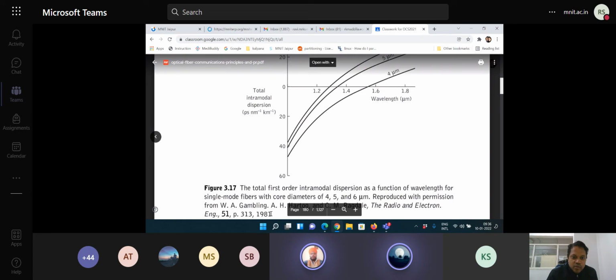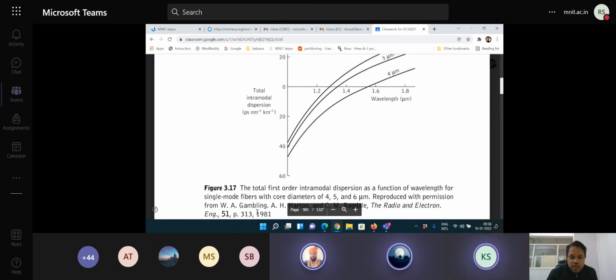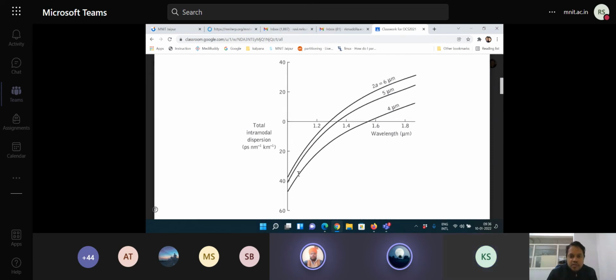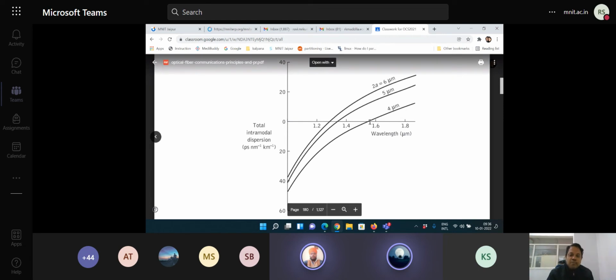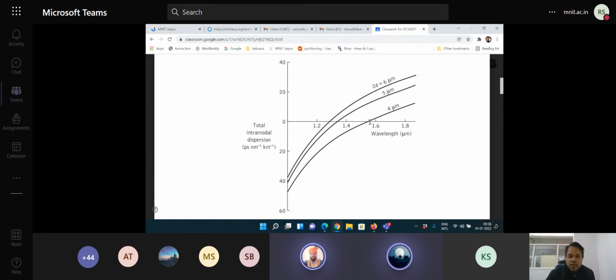of course, this is what you have from an article which was published in 1981. So more recent or standard fibers have slightly different curves, but the concept here that I wanted to explain is that at a certain wavelength, maybe something around 1.55, you have zero dispersion, when the core diameter is 4 micrometers.